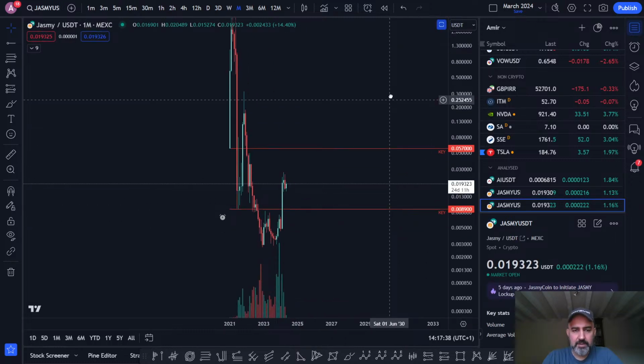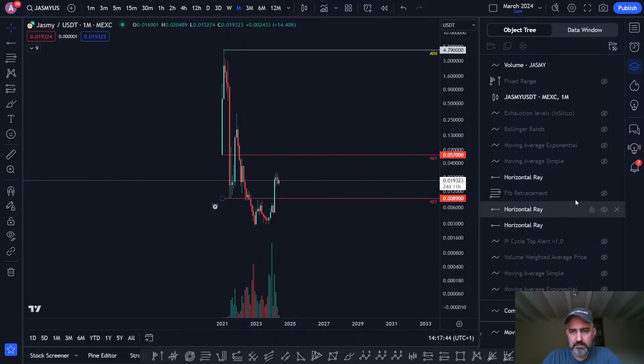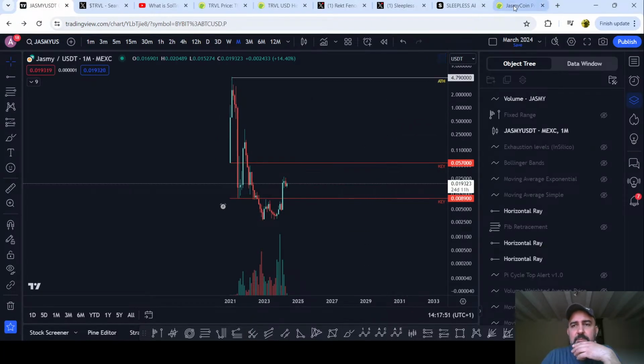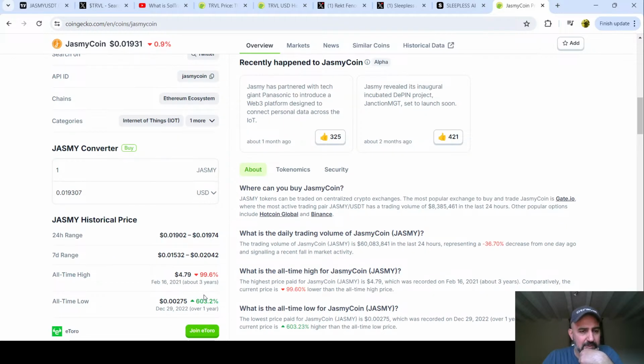It's pretty high. Where's my all-time low? Do I have it? Where have I not got the all-time low here? Let me have a look at this. On CoinGecko, let me see what the all-time low is. December 29, it was 0.00275.